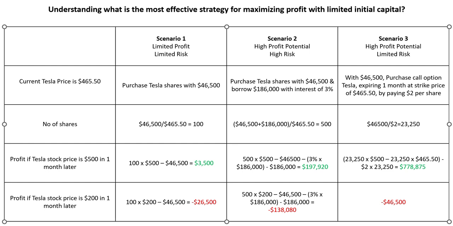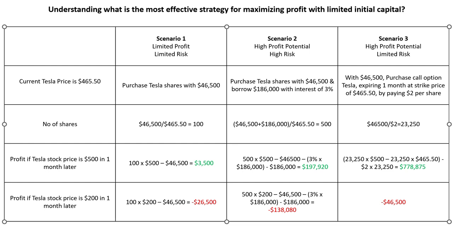If 1 month later, Tesla drops to $200, your loss would actually be 100 times $200 minus $46,500, which is your negative $26,500. Next, if you are using borrowed funds for scenario 2, for this example, we have an initial capital of $46,500.